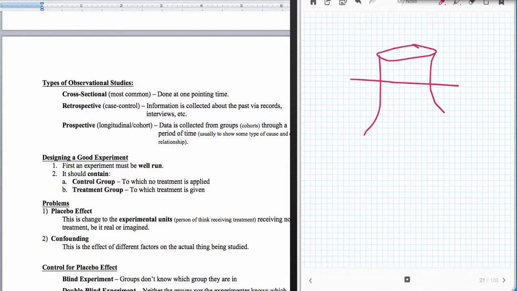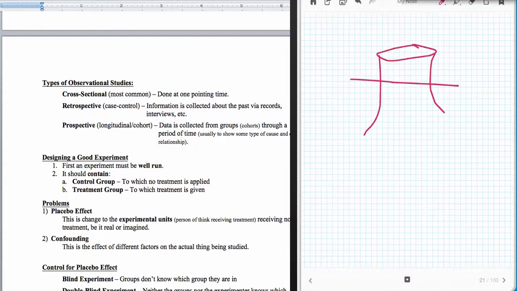It's done at one point in time. Then there's the retrospective, or case-controlled, retrospective meaning that we're looking at certain cases. We are going to get information by interviewing or by going through records about something that happened in the past.